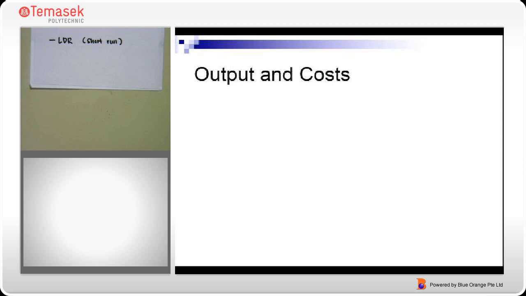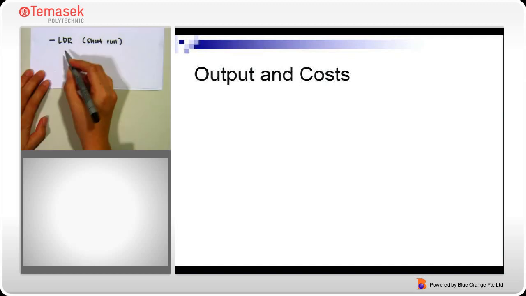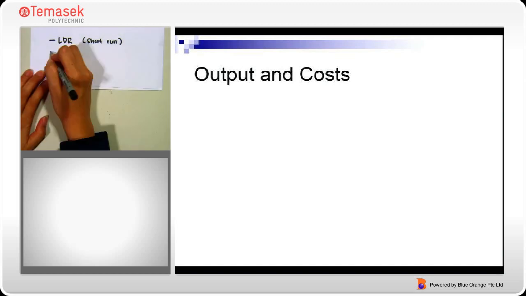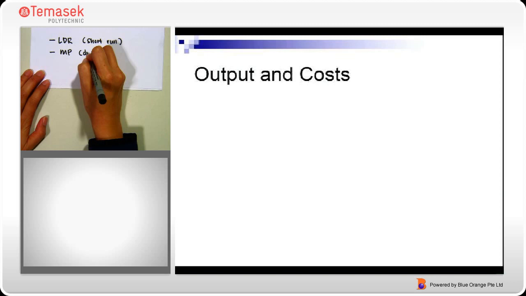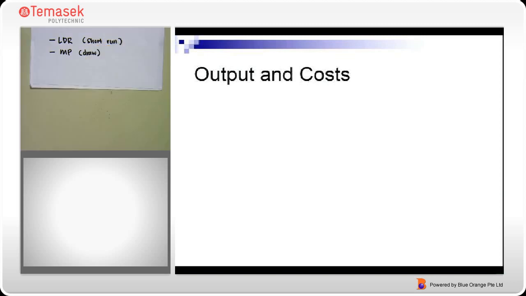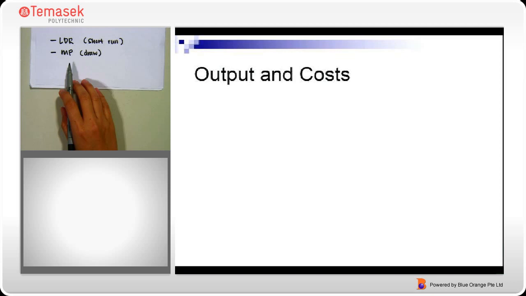So the law of diminishing returns is only applicable in the short run. Under this law, you are usually required only to draw MP. Do not worry too much about TP and AP. Just focus on MP.